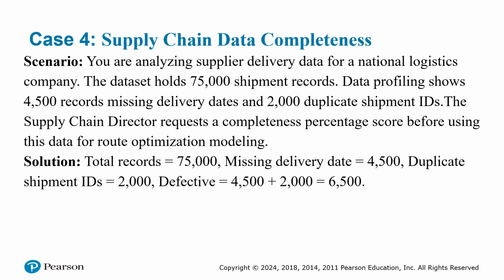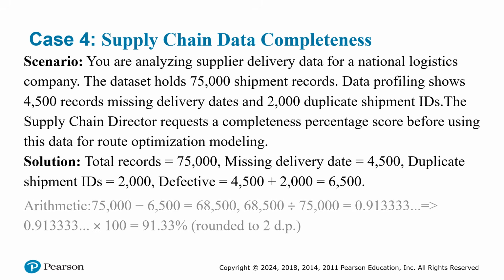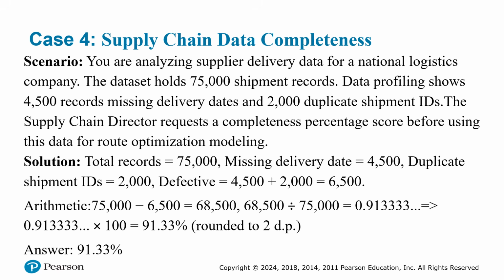So of course you add the duplicates and missing, which is 6,500, and you subtract it from the original 75,000. So it comes to 68,500, and the total is 91.33% actual data accuracy, rounded to two decimal places. So easily you can understand.